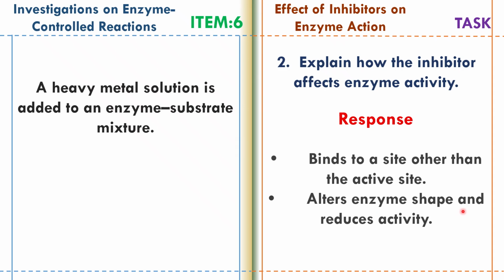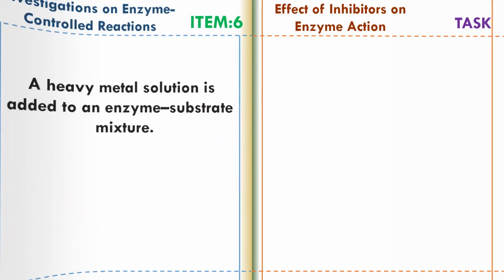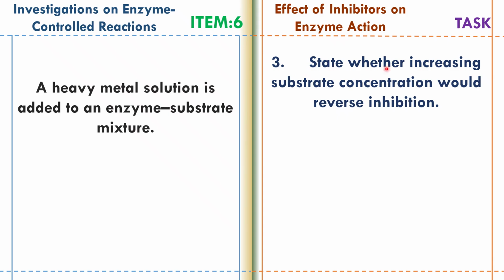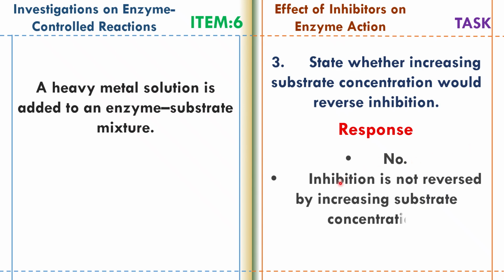Alters enzyme shape and reduces activity. State whether increasing substrate concentration would reverse inhibition. No. Inhibition is not reversed by increasing substrate concentration.